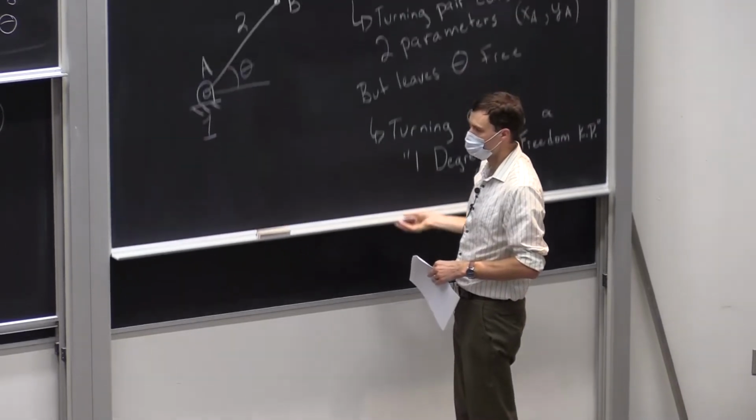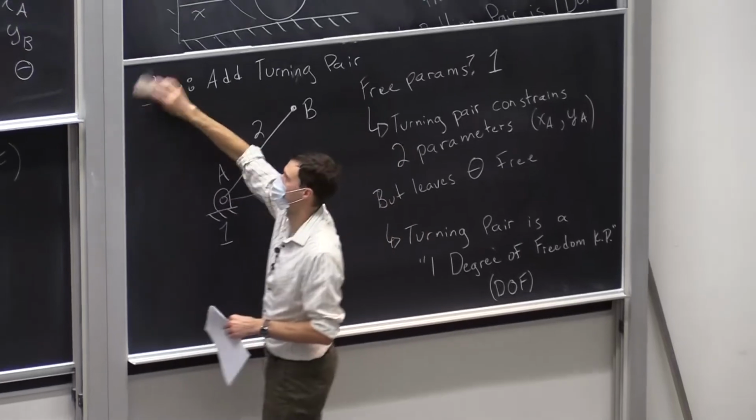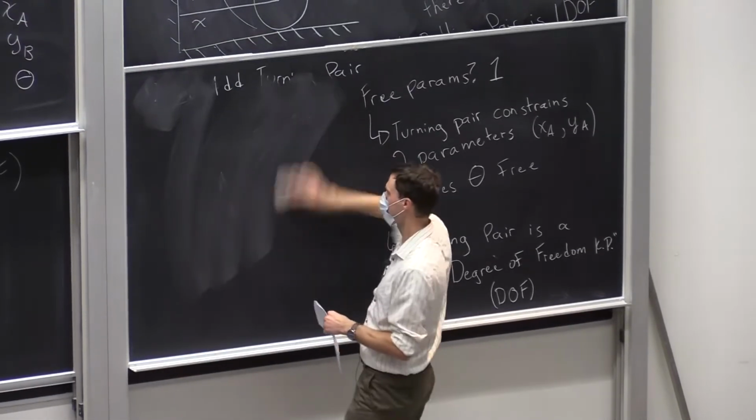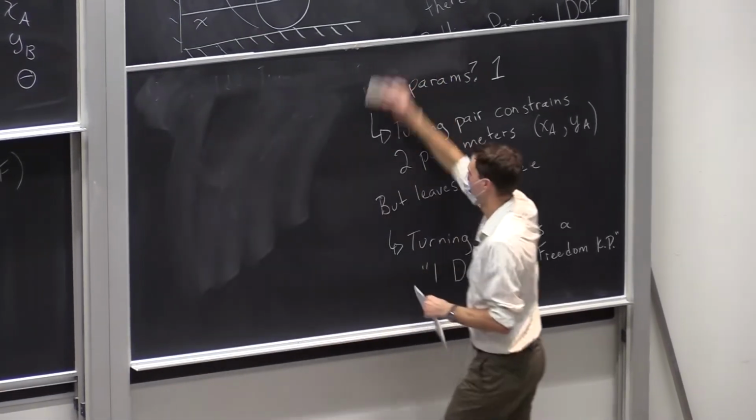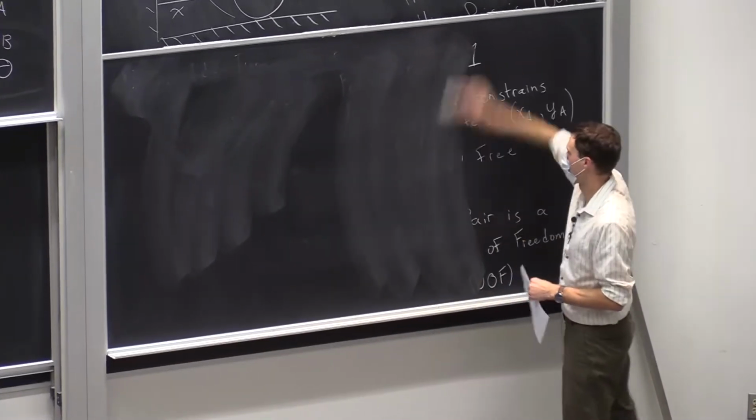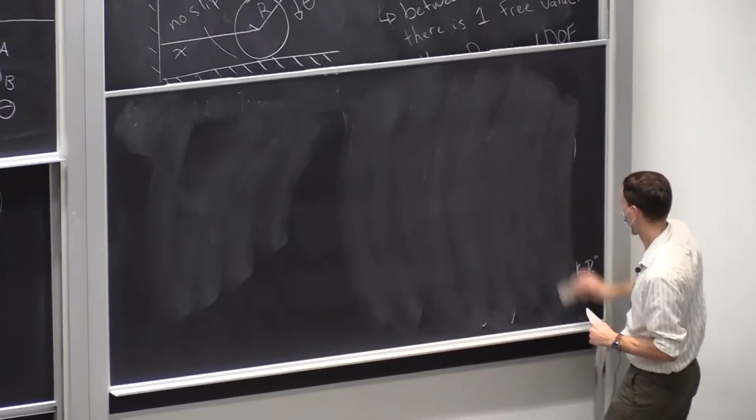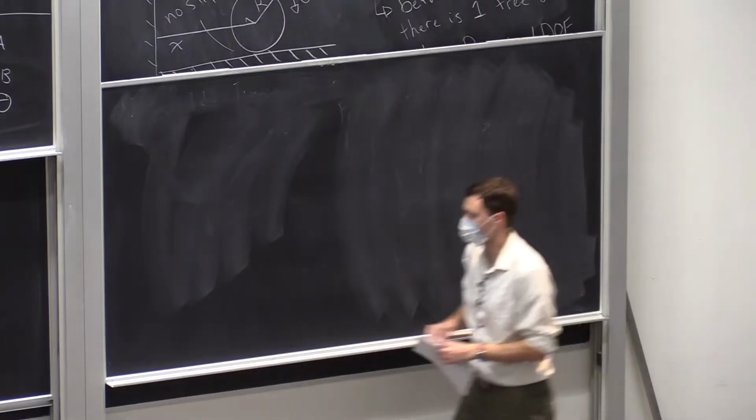Okay, last one, roll plus slip. So while I'm erasing, think about roll plus slip. Think how many parameters are free, how many are going to be constrained.